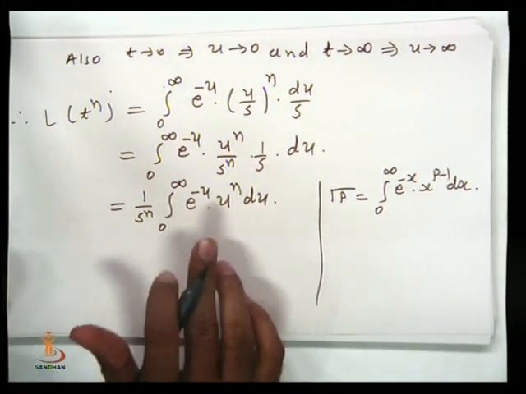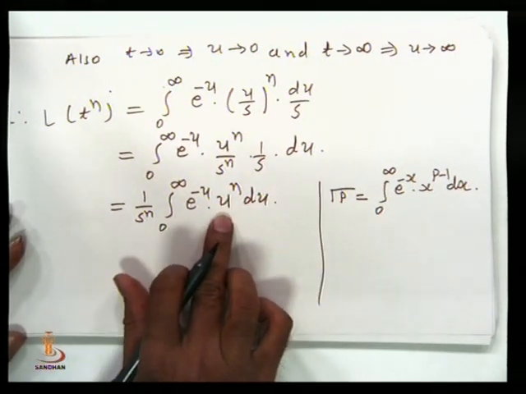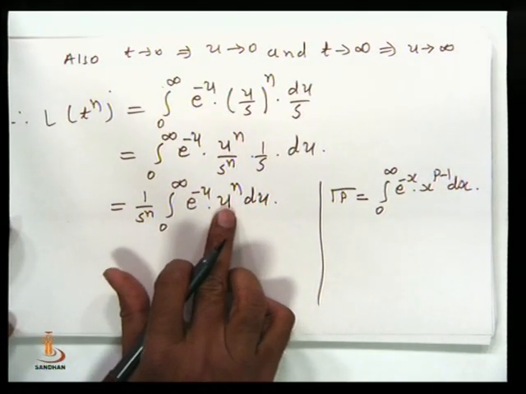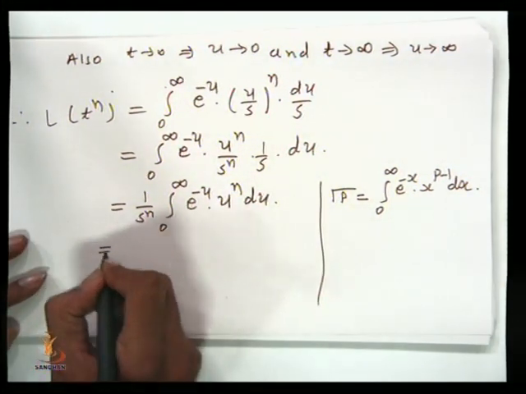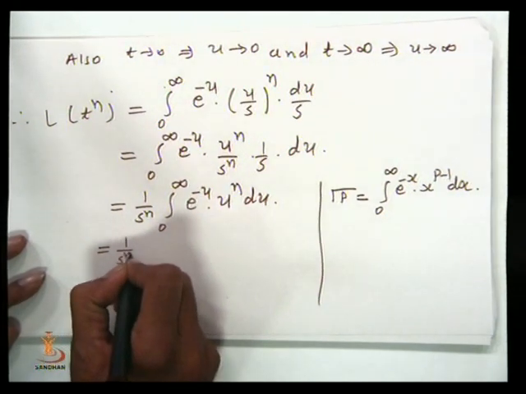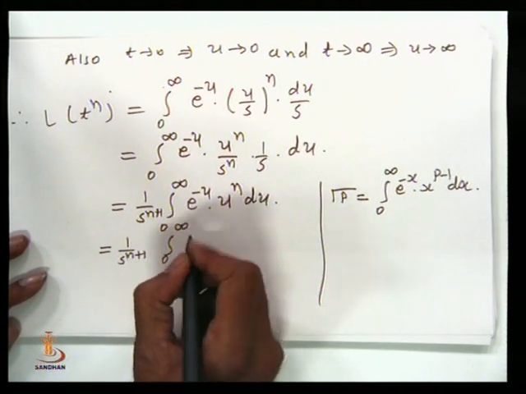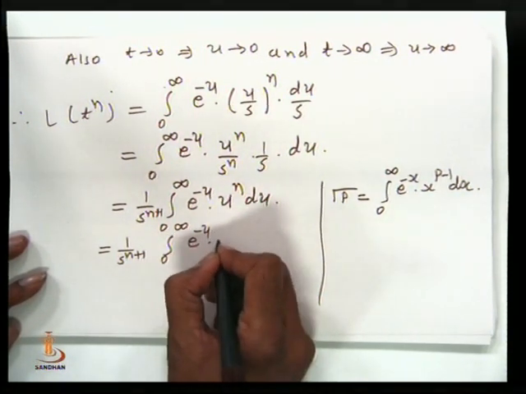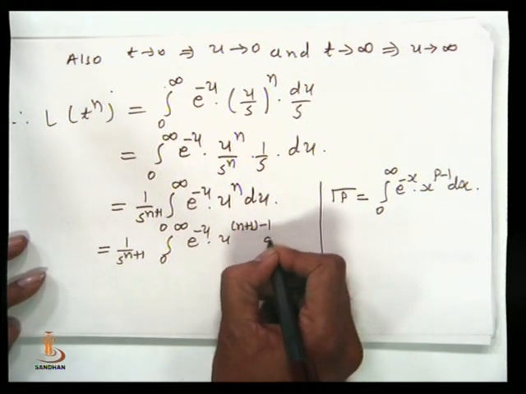We express our integral in terms of gamma p. We rearrange u raised to n as u raised to n plus 1 minus 1. So we have 1 upon s raised to n plus 1 integral 0 to infinity e raised to minus u into u raised to n plus 1 bracket over minus 1 du.